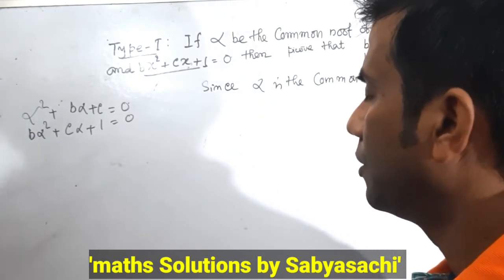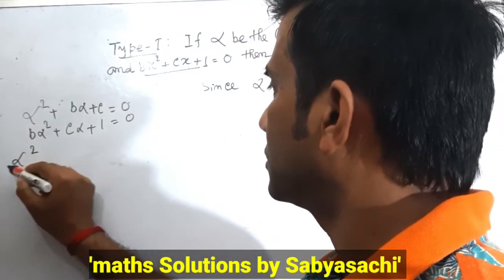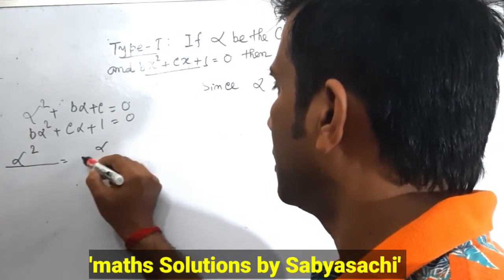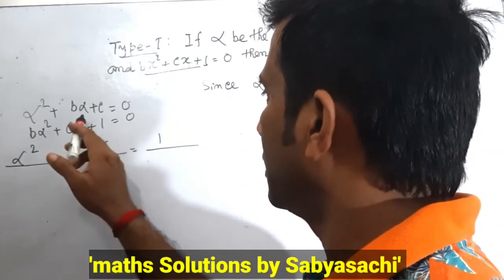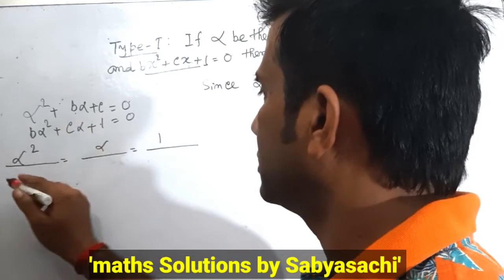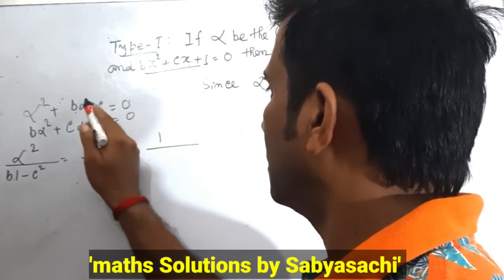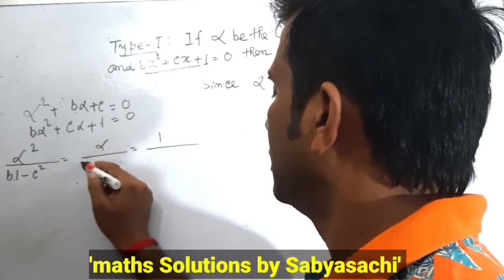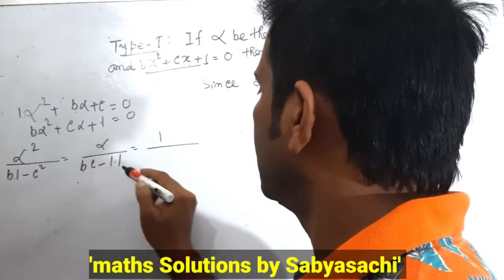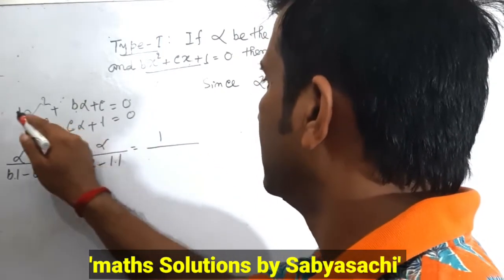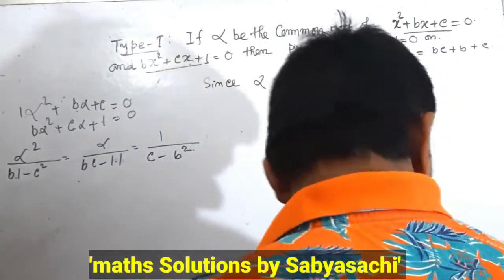Now, by cross multiplying, we get alpha square by b into 1 minus c square, alpha by c into b, that means bc minus 1 into 1, and 1 by c minus b square.